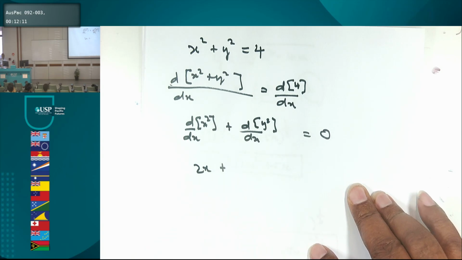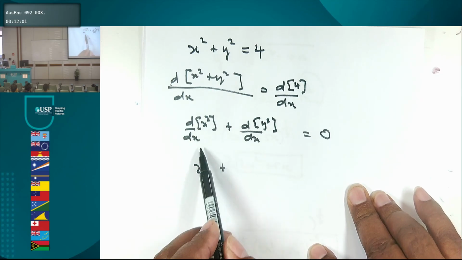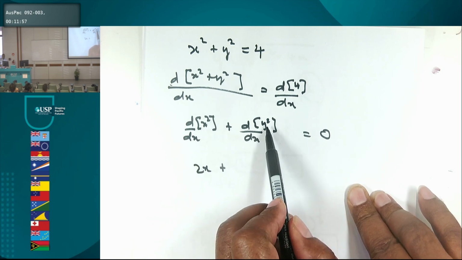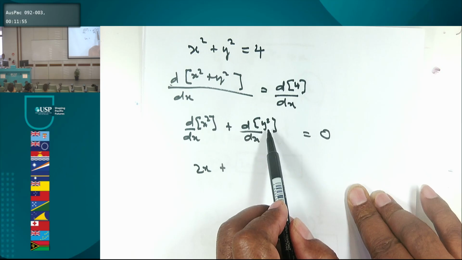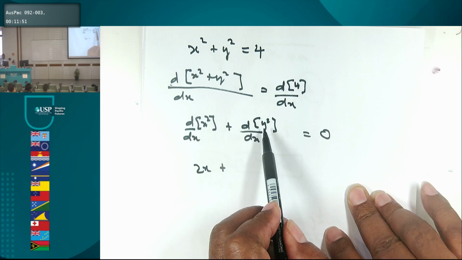Plus, now let's differentiate y squared. Because you had x here, you're differentiating x, so you can use the technique of differentiation. But here you have y, so you cannot apply any technique of differentiation here.